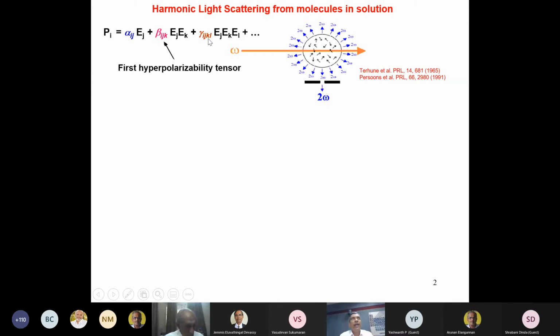So in an electric field, you can have multipolar or multiple order polarizations, and you can measure each of these tensor quantities, which gives you an idea about the polarizability of the molecule in that order. So we decided to work on the second order polarizability, or the first hyperpolarizability of molecules, which is characterized by this tensor beta, which is a third rank tensor. We'll not go into the details.